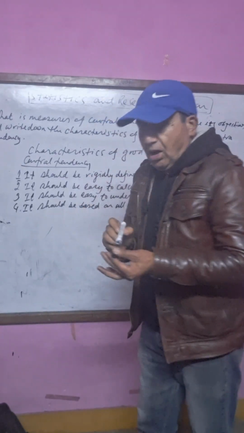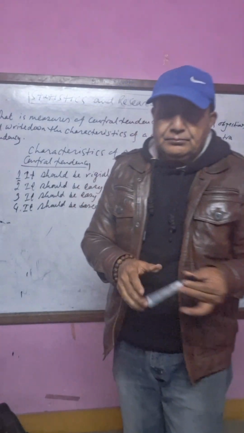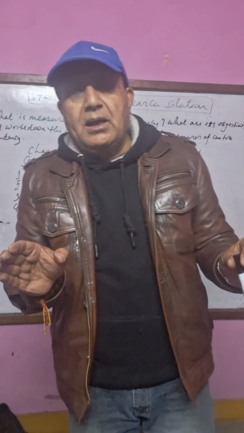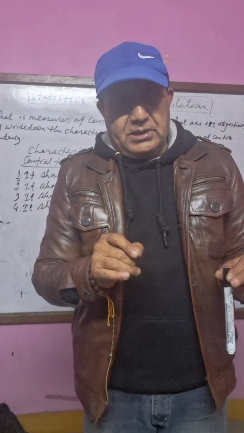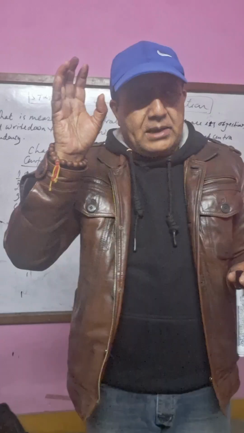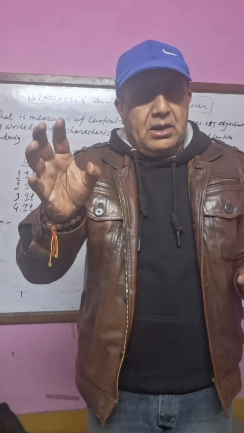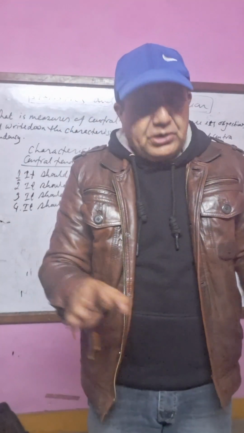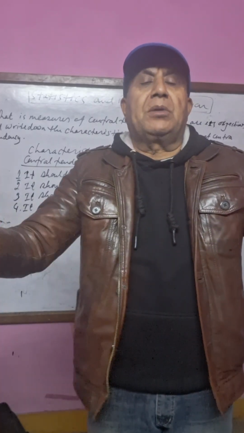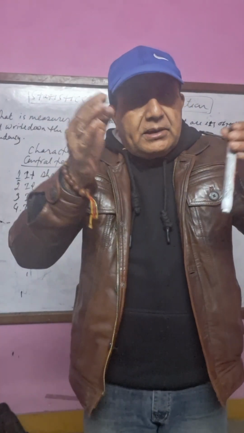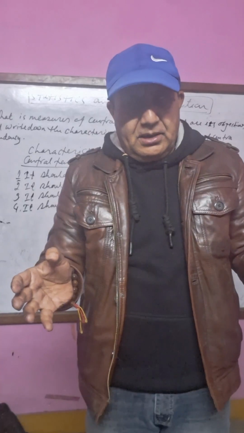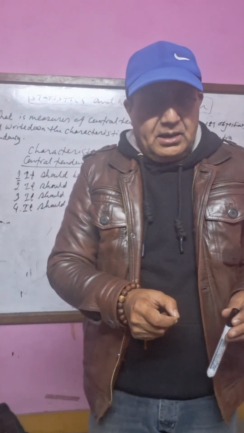It should be based on all observations. So when we calculate an average, that average should use all information. If it uses all information, then that is a good average.